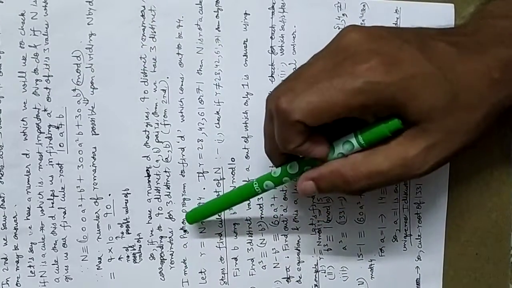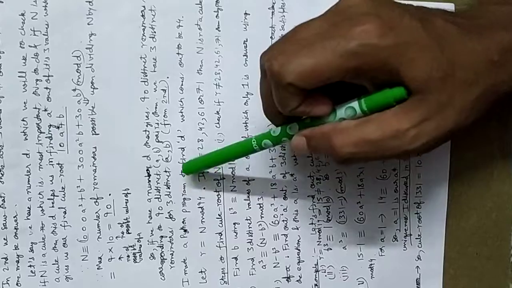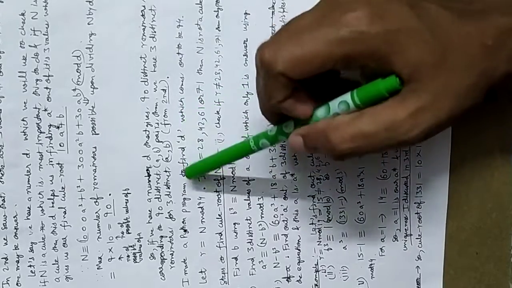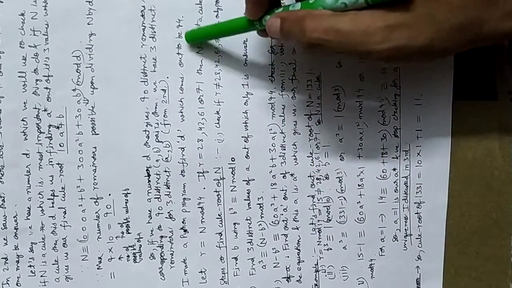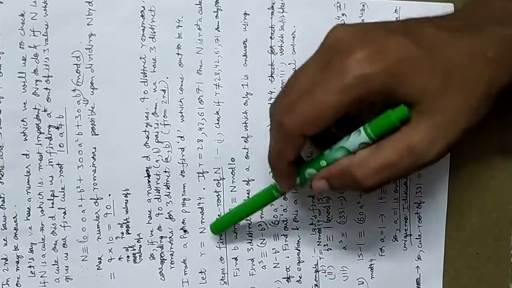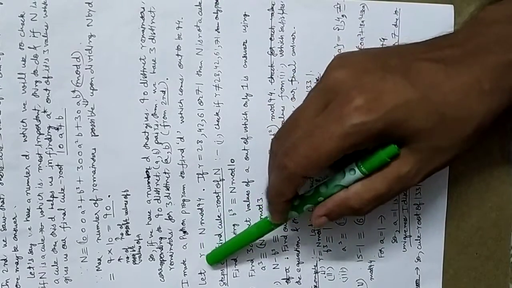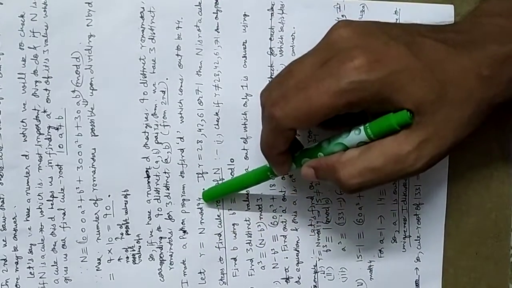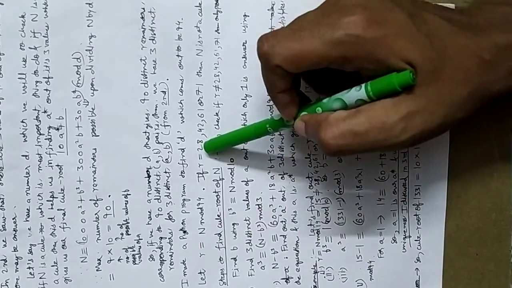So I made a Python program to find if such a d exists, and by luck it comes out to be 94. So let the remainder upon division by 94 be r.